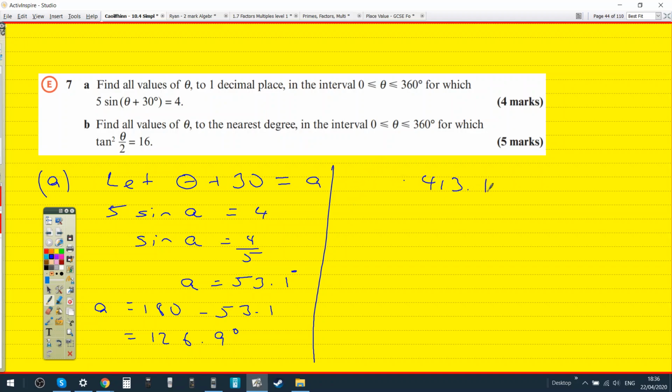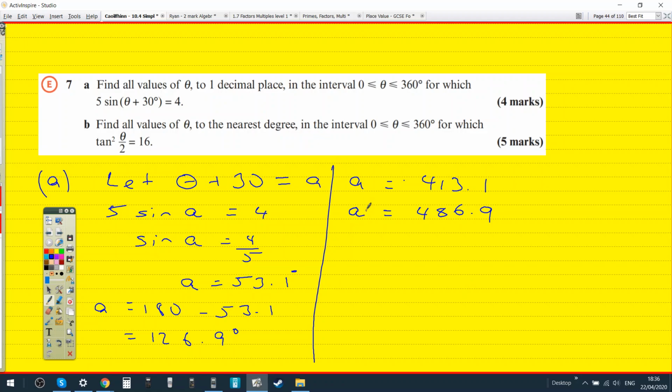Okay. And then we add 360 to 126.9, we get 486.9. Okay. So then, well, we have to work out the range.